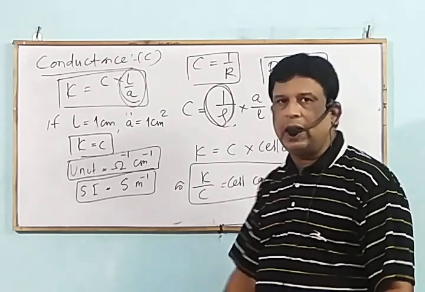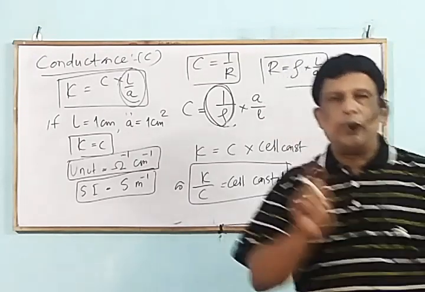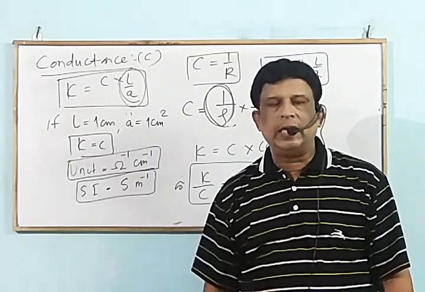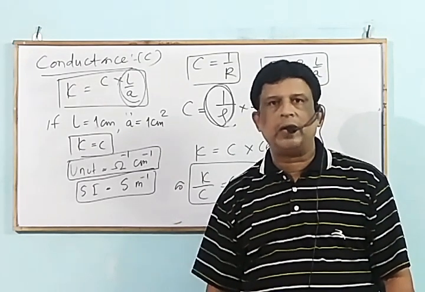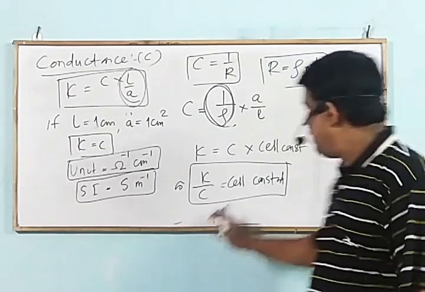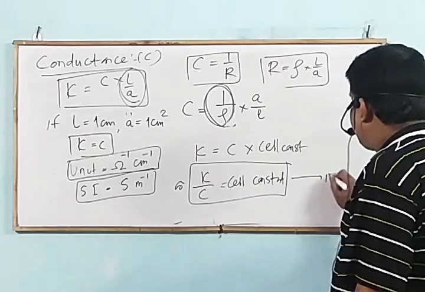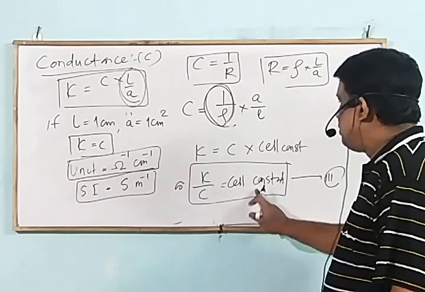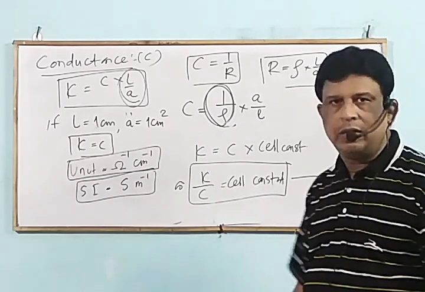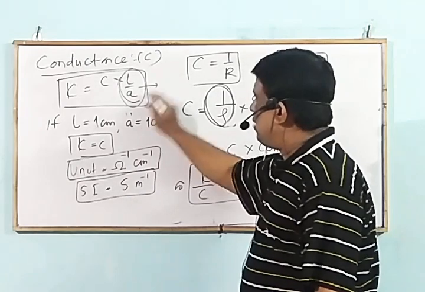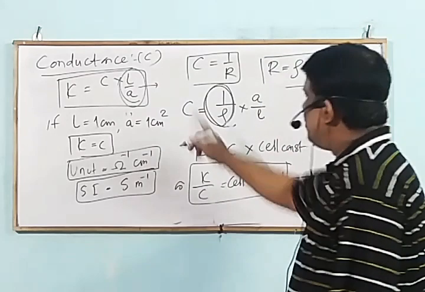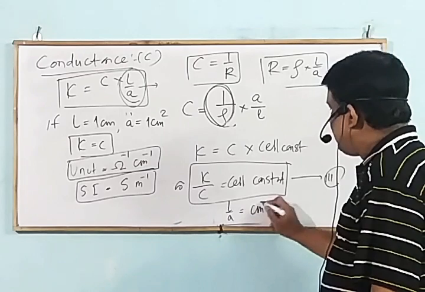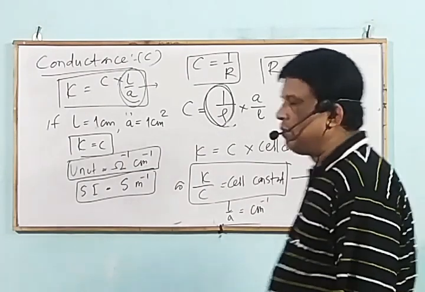A 3-mark question: prove that specific conductance by conductance is equal to cell constant. Kappa is specific conductance, and L by A is known as cell constant. Its unit is centimeter inverse.